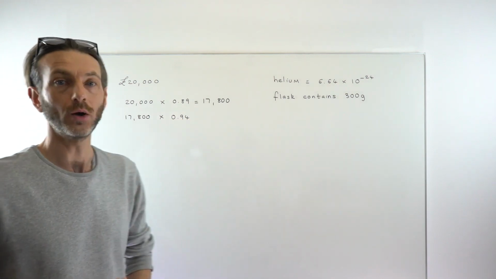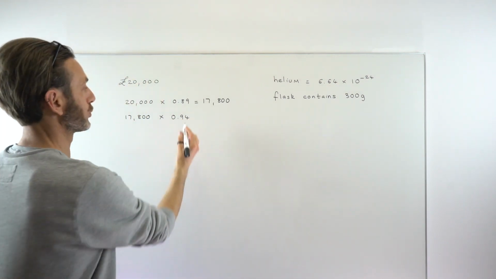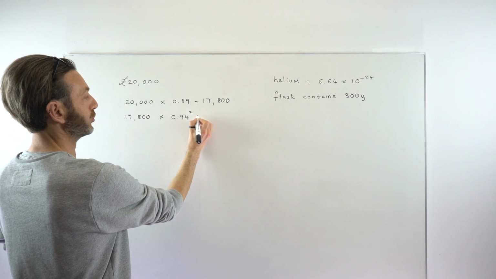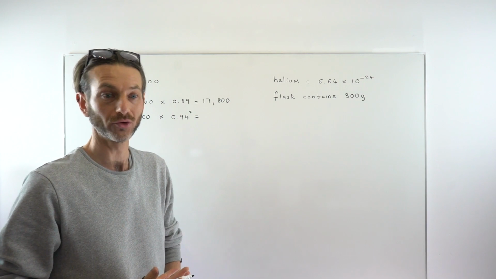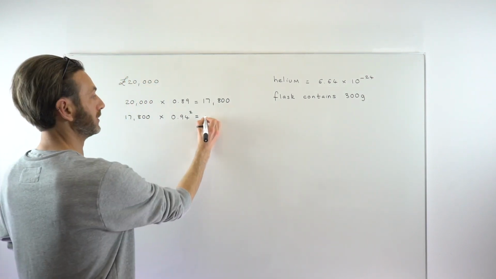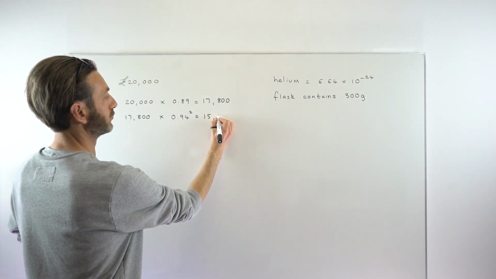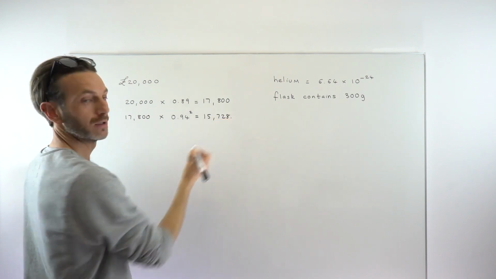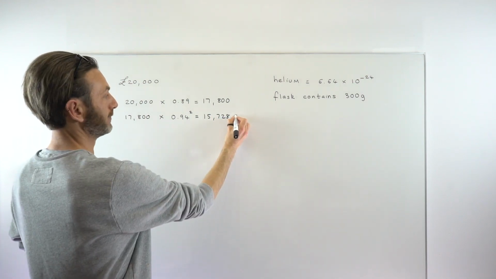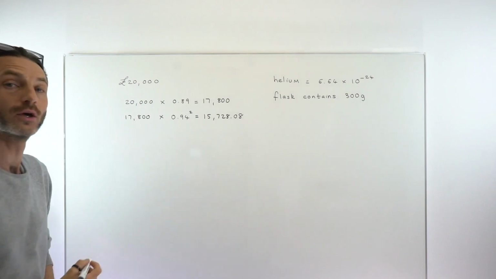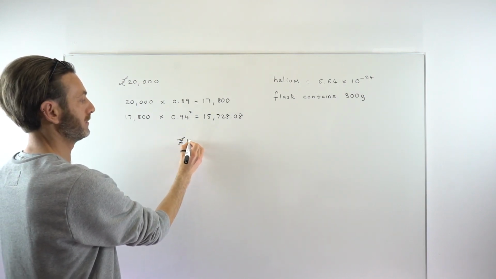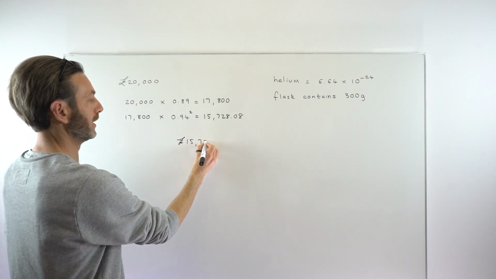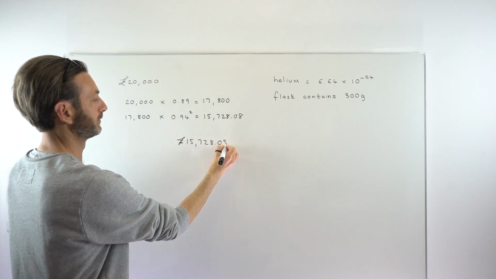And then we can either calculate that twice, or more efficiently, we can just put a power of 2 onto the 0.94 and then just put that in the calculator to get the final answer, which is 15,728 and 8 pence. Just remembering this is a monetary value, so you would then need to present that with a pound sign. So that is the value after 3 years.